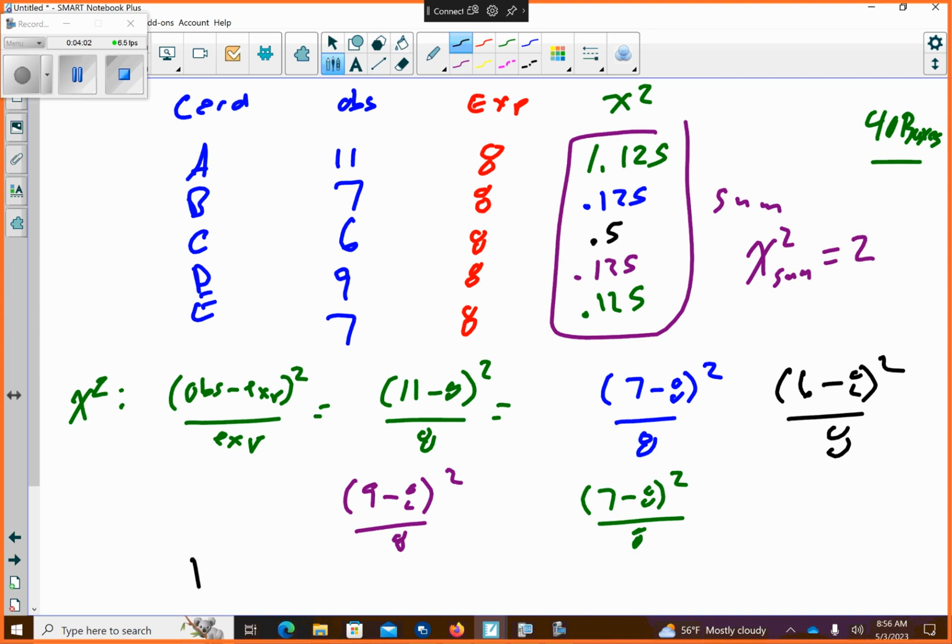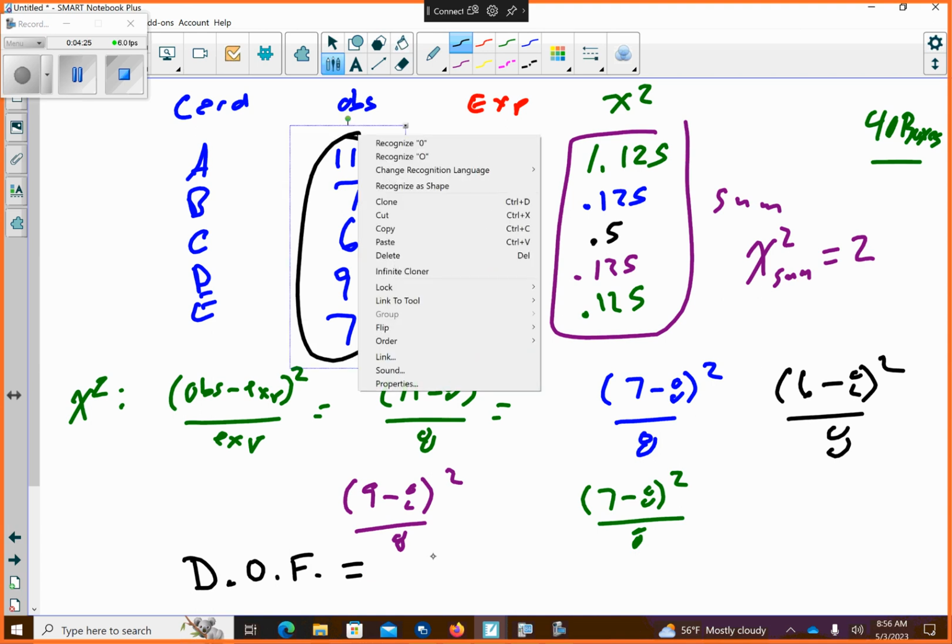Okay, friends, what would my degrees of freedom be up here? And I just warn you that your degrees of freedom will not come from you creating an extra chart. So my original value was what? How many observed values did I have? 5.